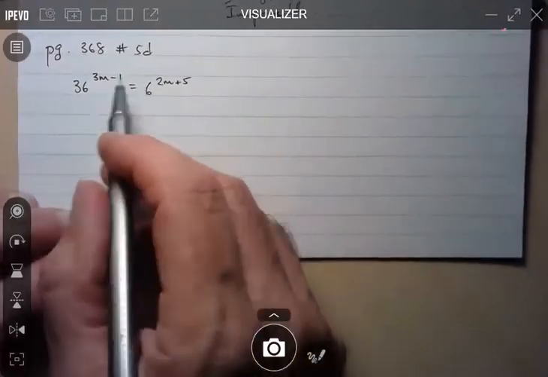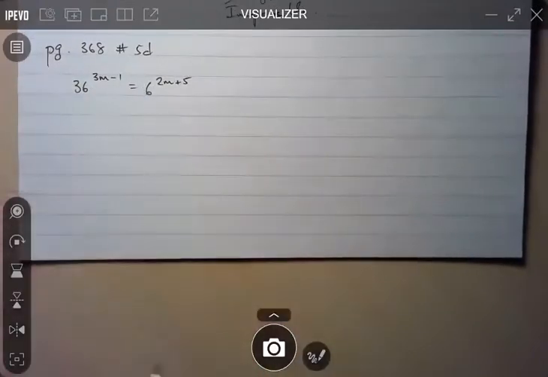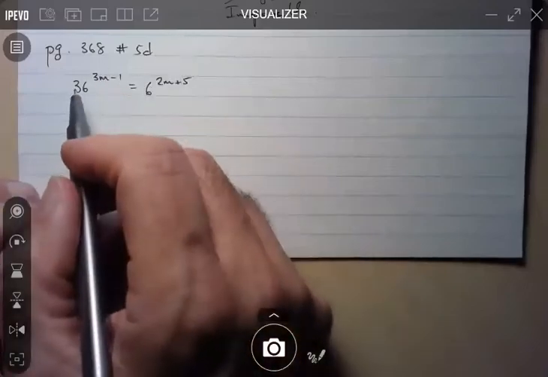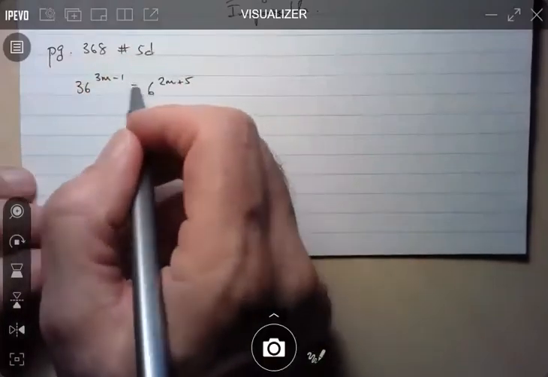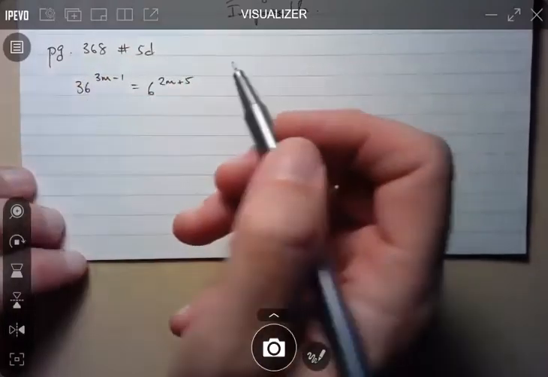Because even though I have different powers on either side of this equation, I can write them still in terms of the same power, okay? So here, what I would do is I could take, I guess, log base 6 of both sides and use the power rule.